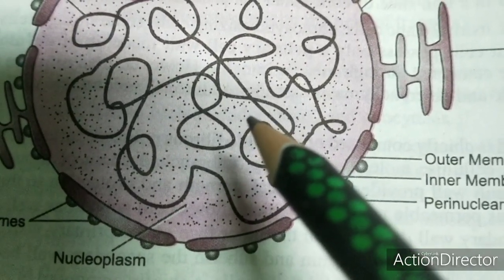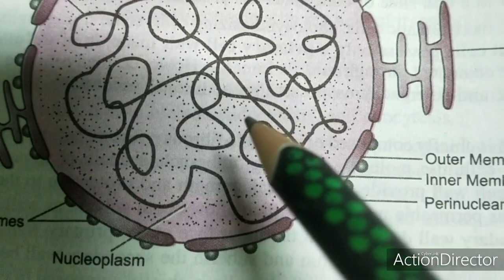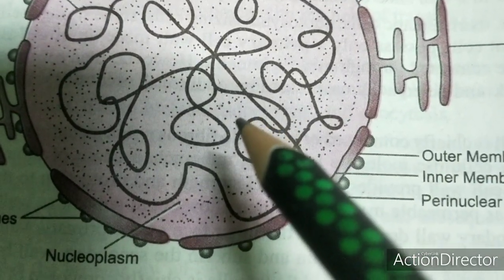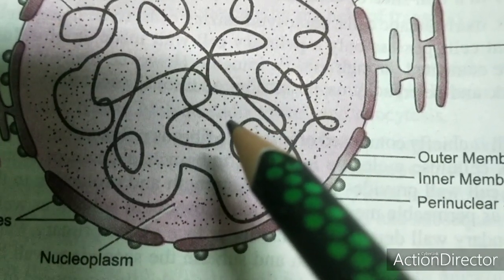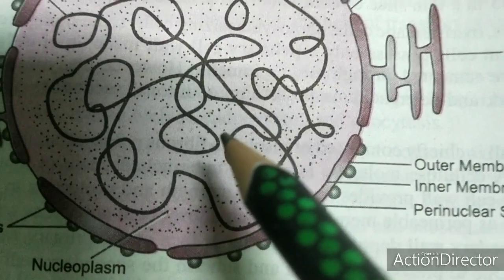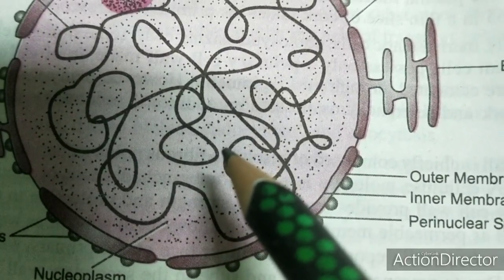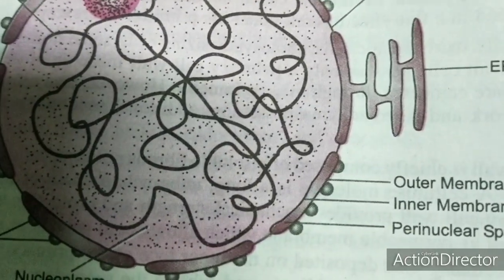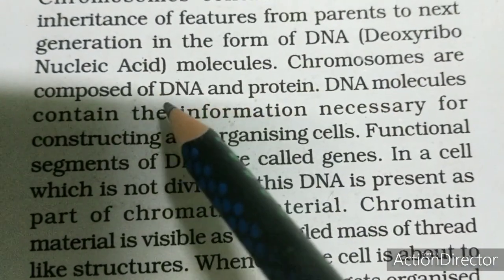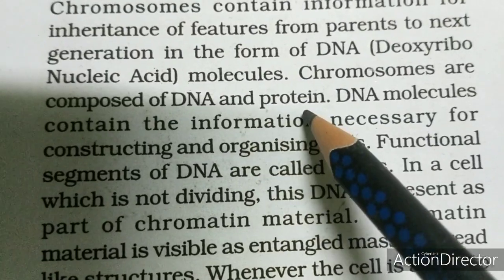DNA stands for deoxyribonucleic acid molecules, and proteins. Chromosomes are composed of DNA molecules and protein.